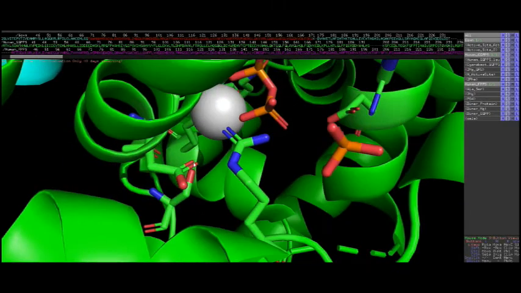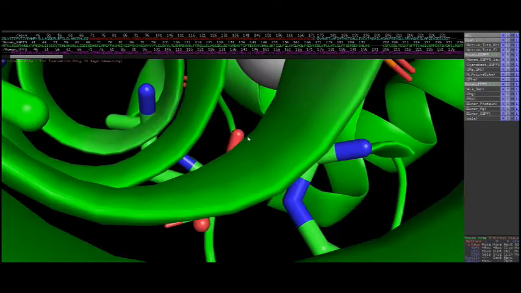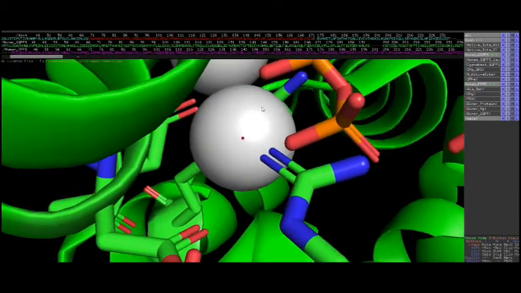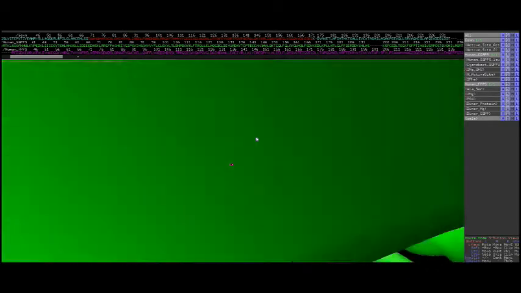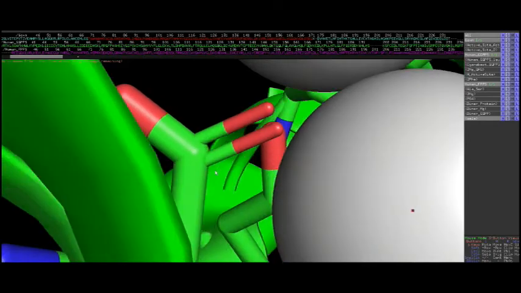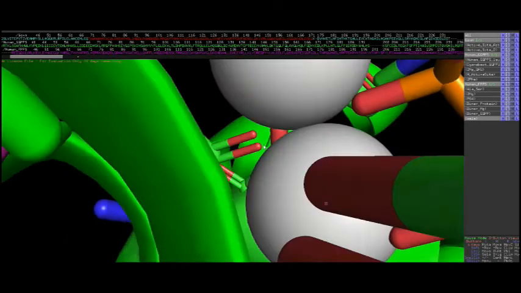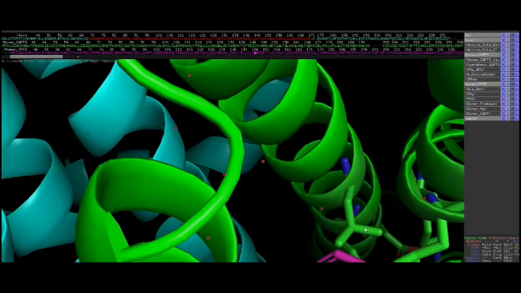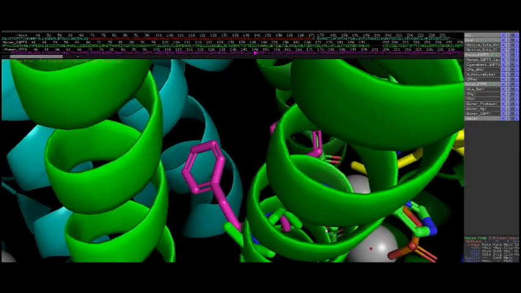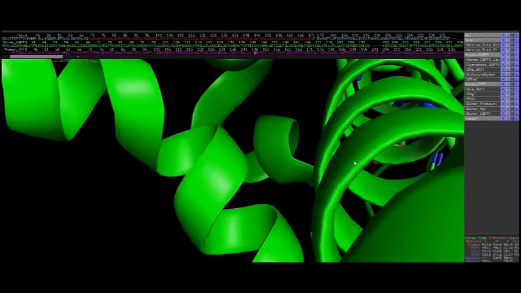Well, no, this would be negatively charged, and it would be coordinating with this positively charged magnesium here, and same with this aspartate right here. You can see it is very close to these magnesiums, and so that would be coordinating with those magnesiums down there.